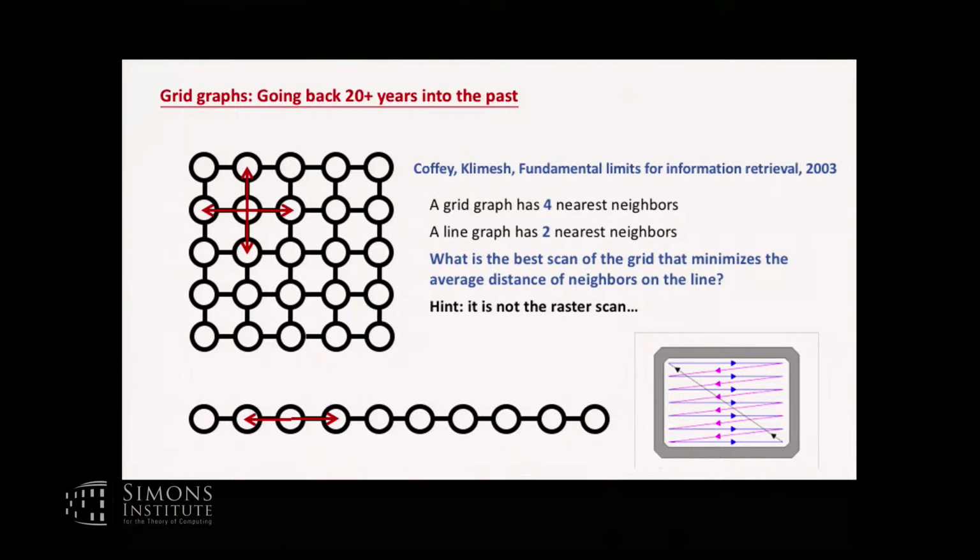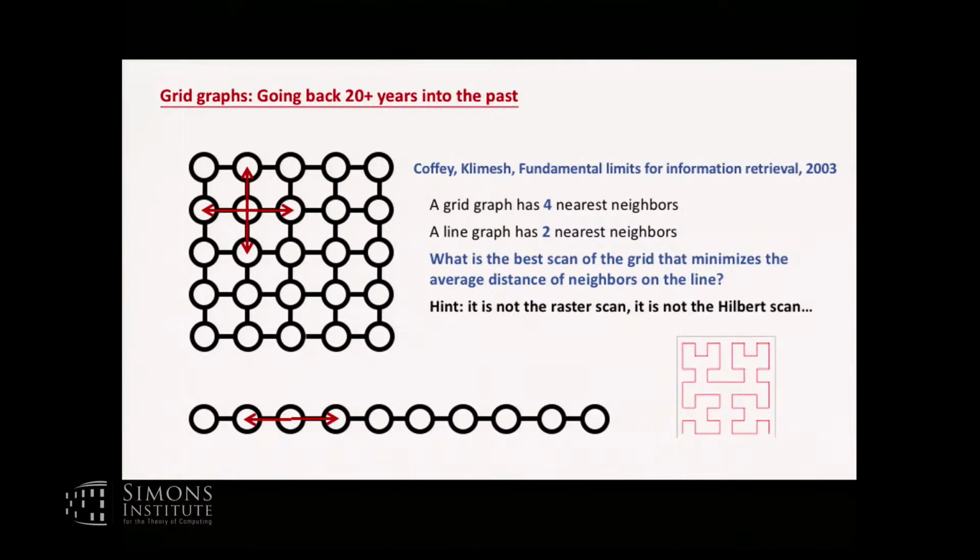They used something, but it wasn't a raster scan, and the raster scan is not the best one to preserve the neighborhood structure of a 2D grid on a 1D line. It wasn't the raster scan, and it wasn't the Hilbert scan.